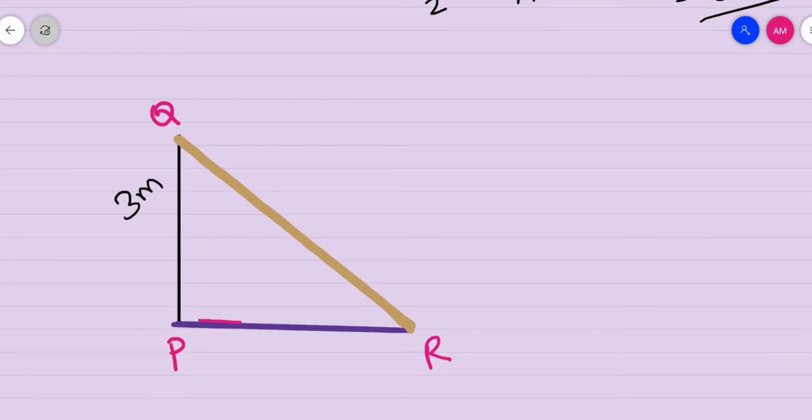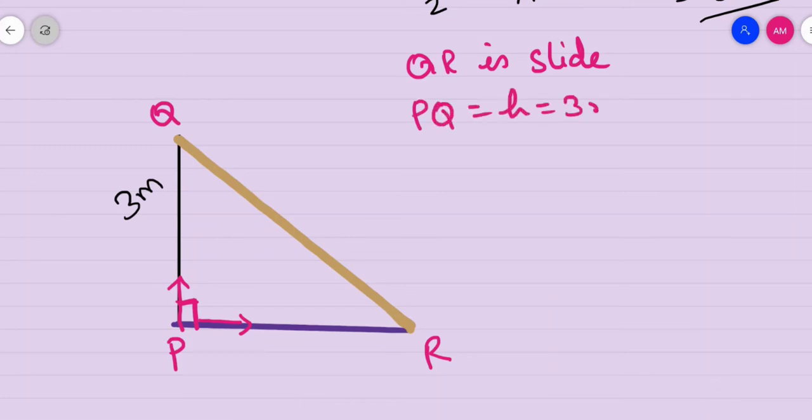PR is the ground and PQ is the height of the slide. So these two are perpendicular to one another and 90 degrees is formed at angle P. And QR is your slide. And PQ is the height which is equal to 3 meters, given.